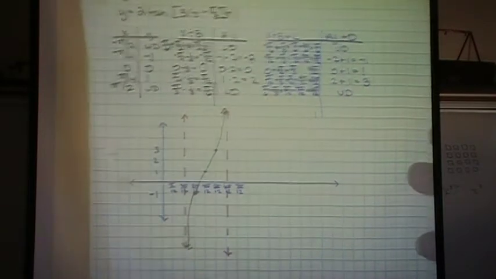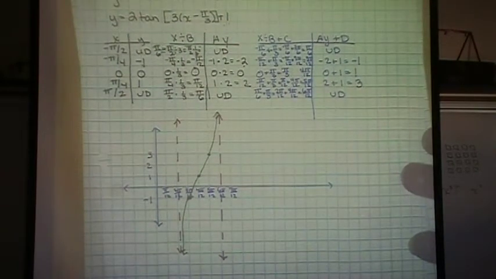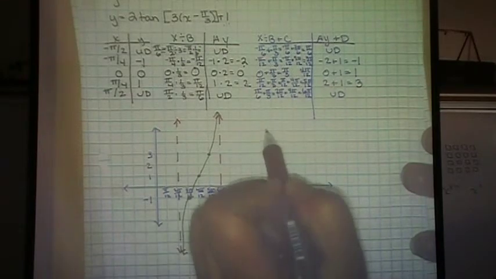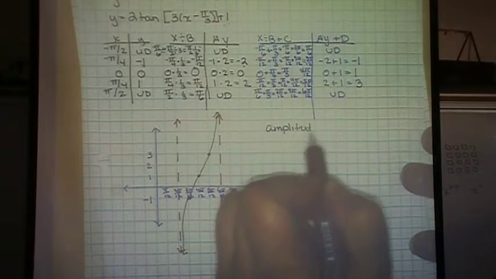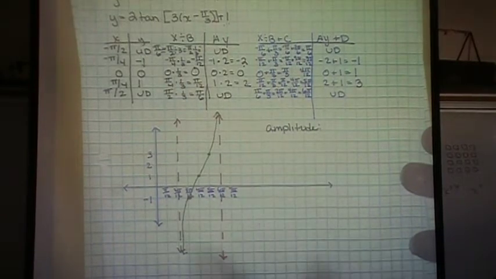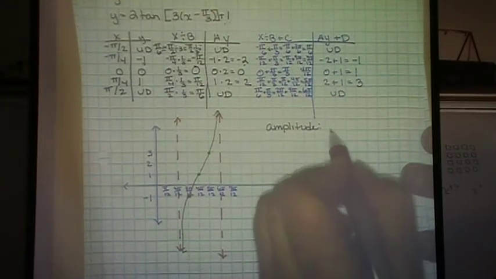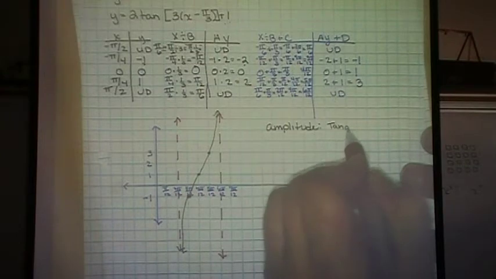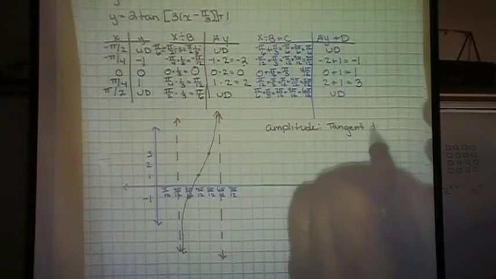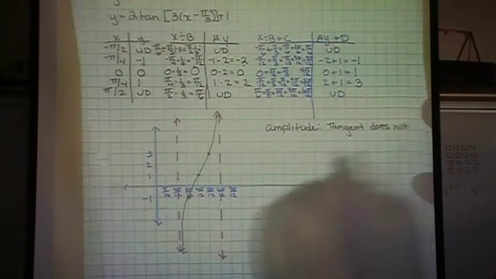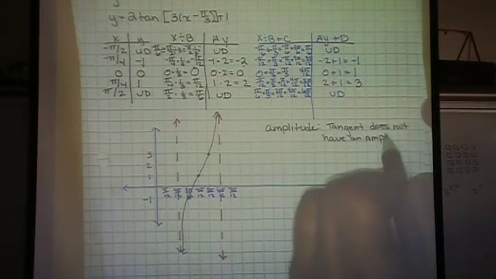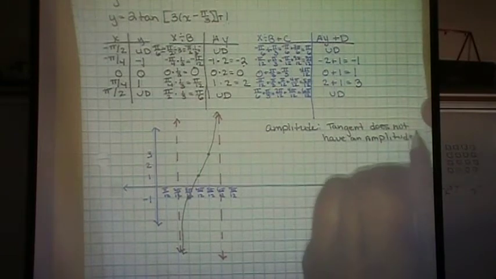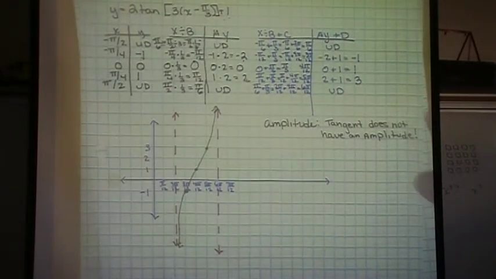So now let's do our laundry list. Let's talk about our amplitude. Tangent doesn't have an amplitude. Okay, tangent does not have an amplitude.